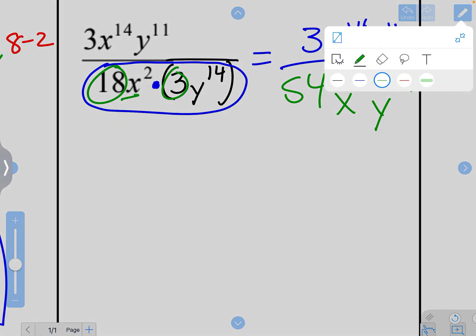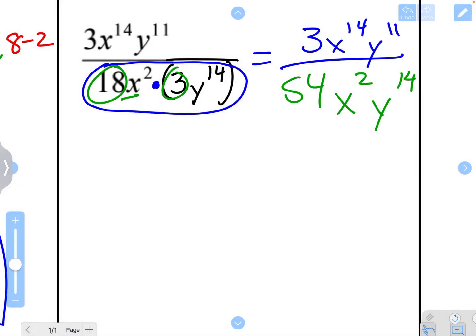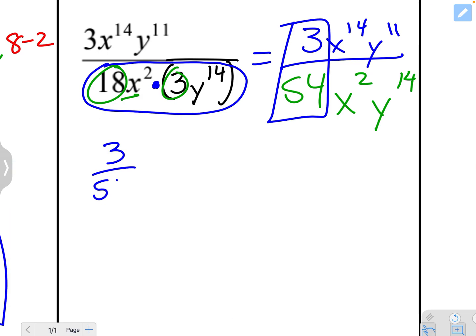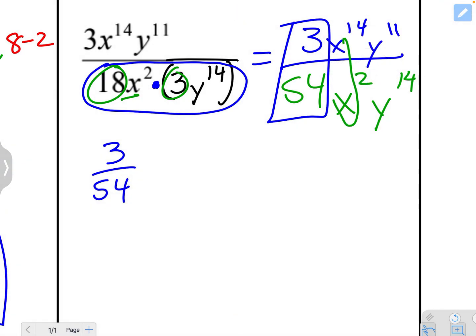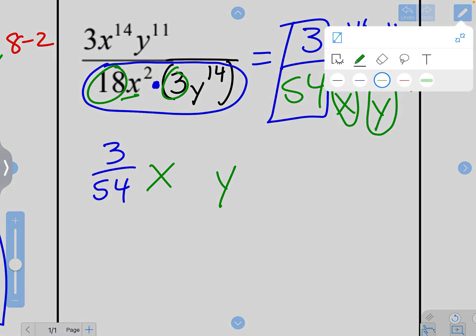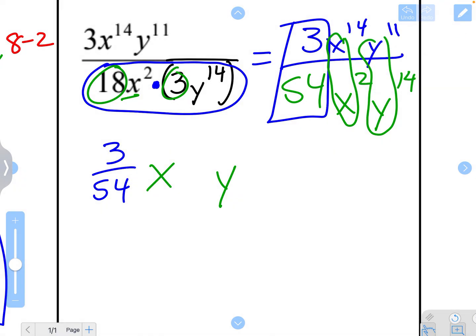Now we can go into our division steps. I need to find my coefficients, which is 3 divided by 54. I need to write down the next base I see, which is x. And then I need to write down the next base I see, which is y. I usually just give a good bit of space because I know I'm going to subtract.